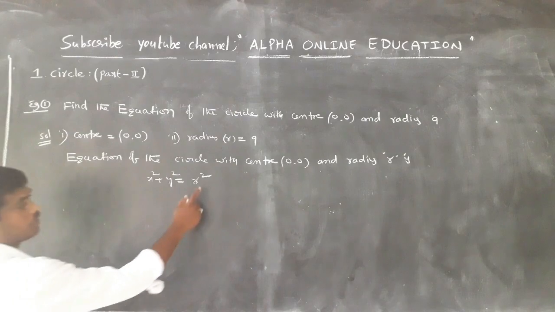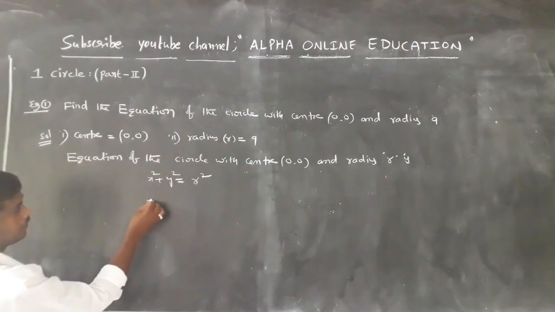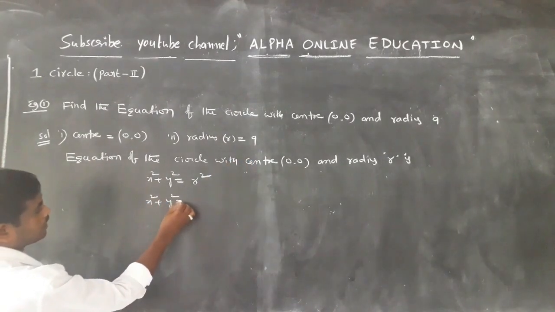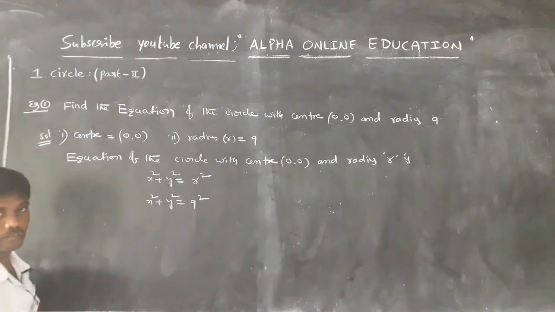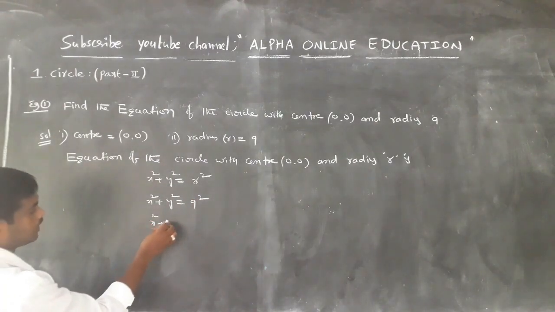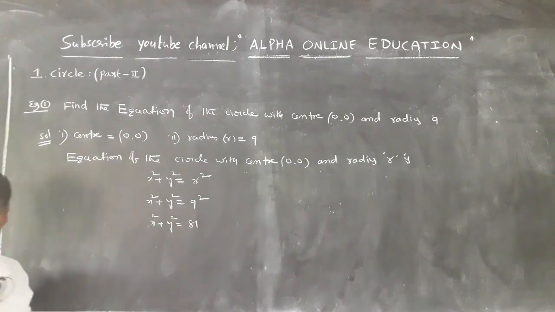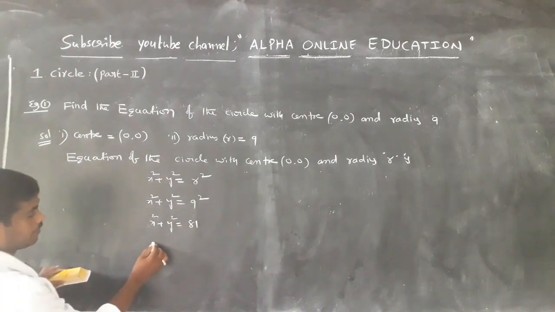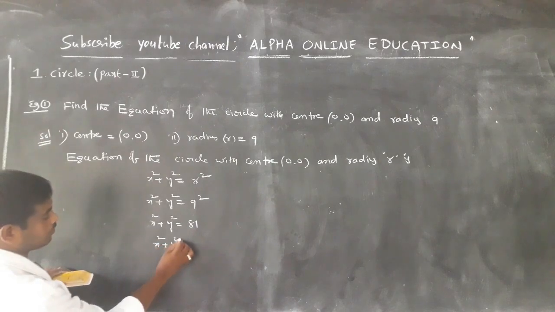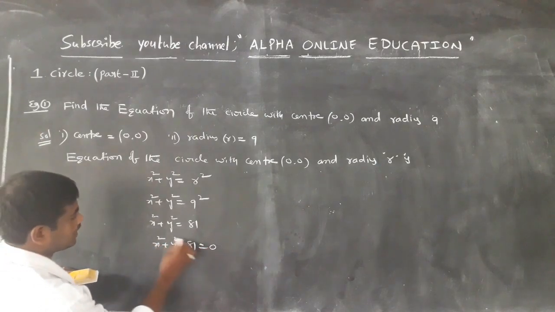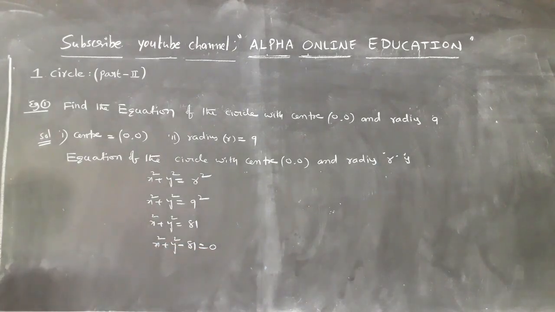Here r equal to, substitute 9. x square plus y square equal to 9 square. x square plus y square equal to 9 square means 81. Taking 81 left side, x square plus y square minus 81 equal to 0.